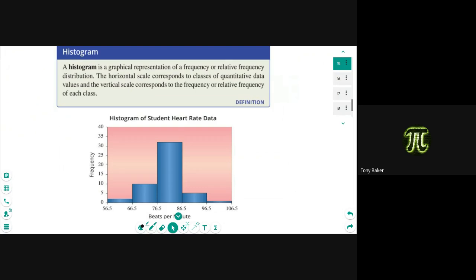What a histogram does is it allows us to organize the data and see patterns forming.